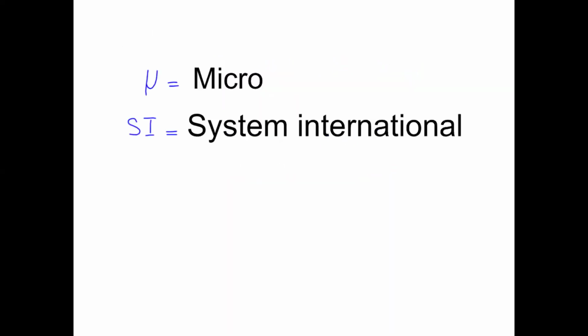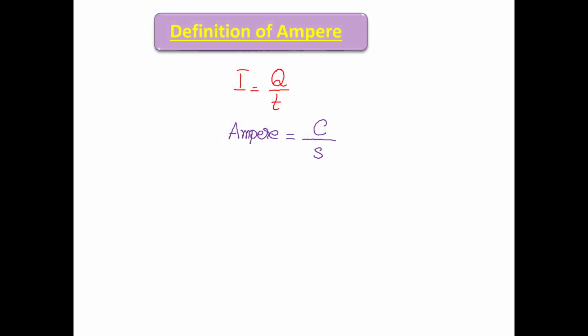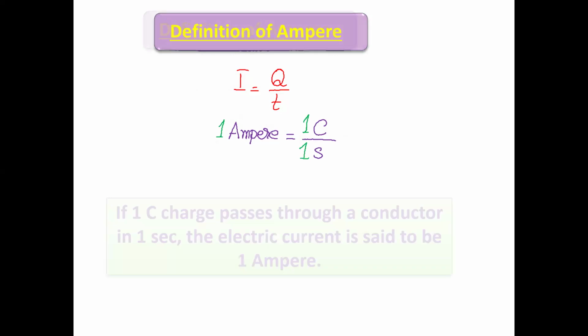Now, normally we use this symbol as micro. How do we define ampere? When you want to define a unit in physics, you have to write down the subunit. For example, ampere is coulomb per second. So you write 1, 1, 1, and you connect them by a statement.